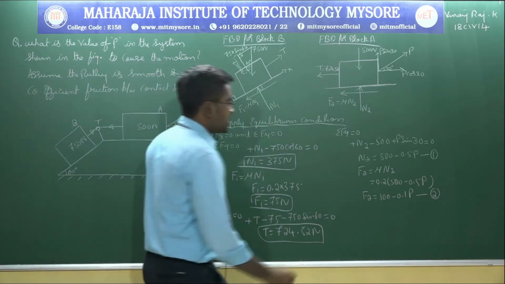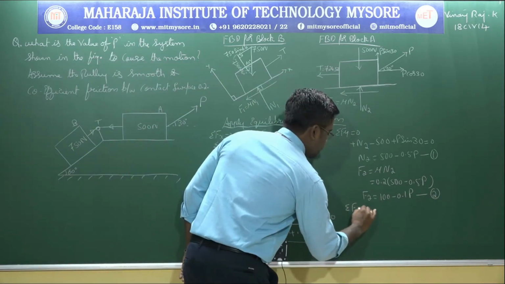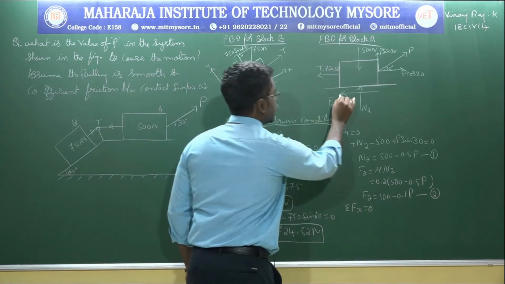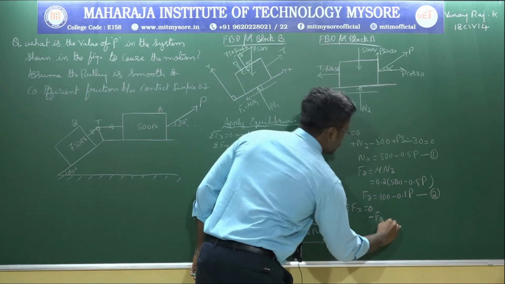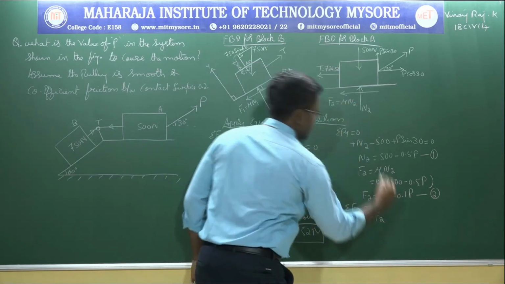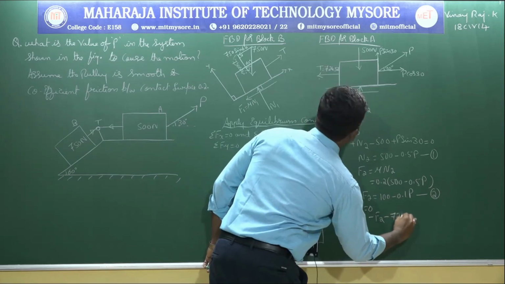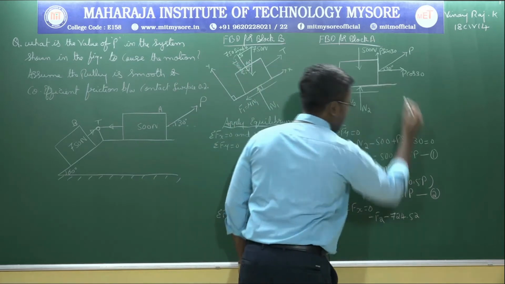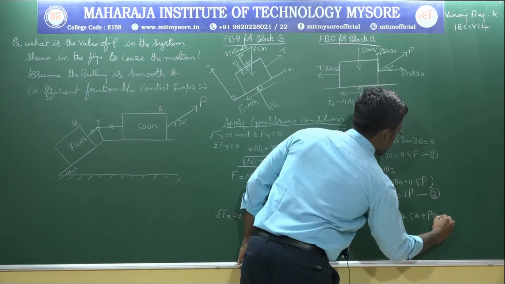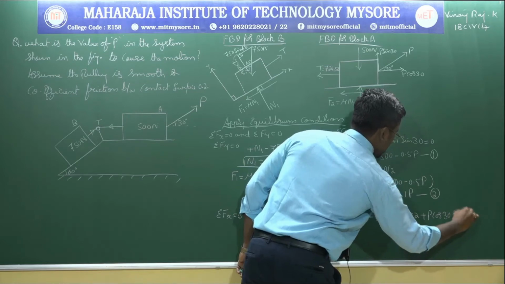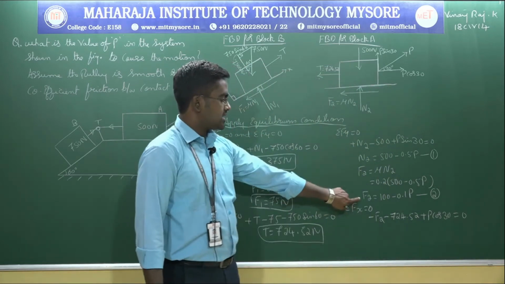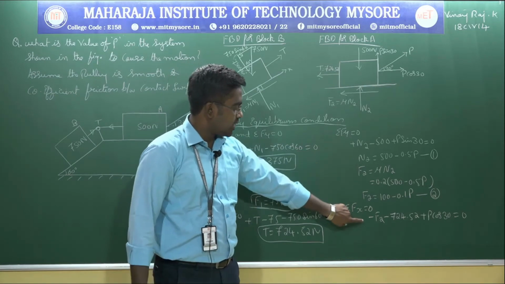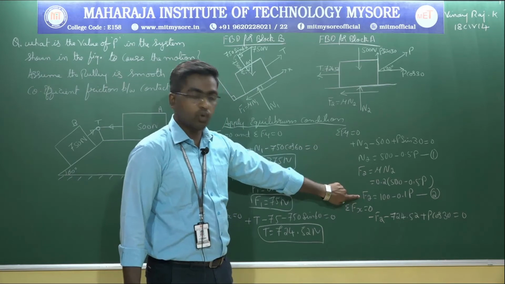Right? Now let us apply the next condition, that is summation of Fx is equal to 0, and here this is minus F2, this is minus 724.52, then plus P cos 30 is equal to 0. I know the F2 equation, so in this equation I am going to substitute the F2 value.